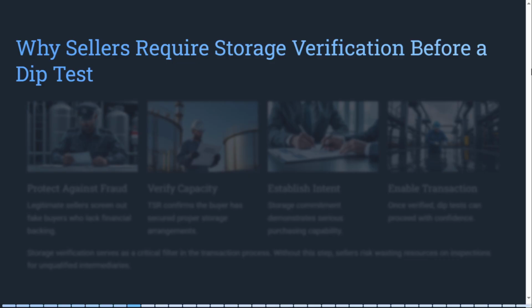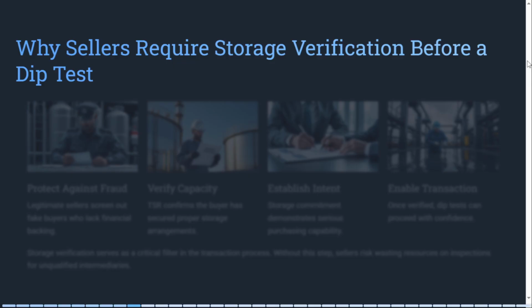Say a seller is asking for storage verification, and you say, okay, we can do that later. No, no, no, not like that. It's your first line of defense. If you are a seller mandate, you need to know the storage capacity of the buyer in the first place. That's important.